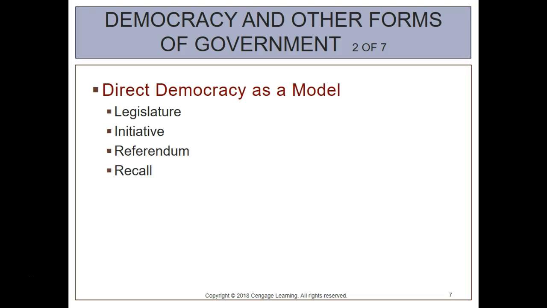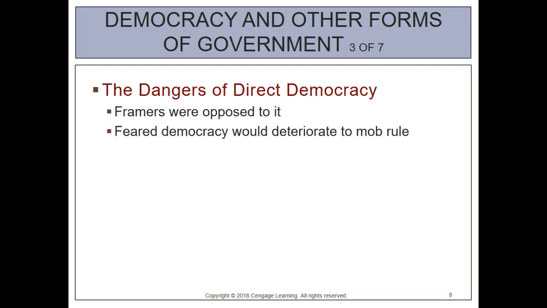Direct democracy also nowadays has legislatures, initiatives, referendums, and recalls as well. So mob rule was the big thing everybody was scared about because we wanted people that knew what they were doing in power. It's sort of an aristocratic way of thinking.